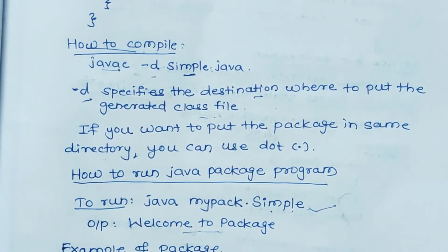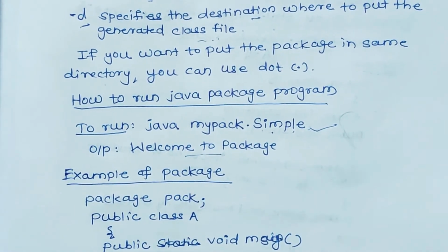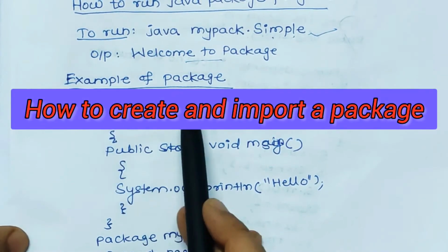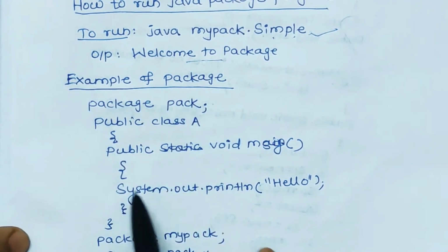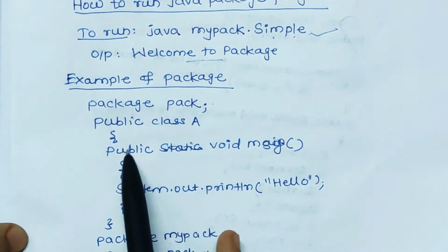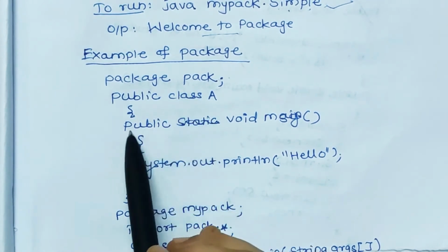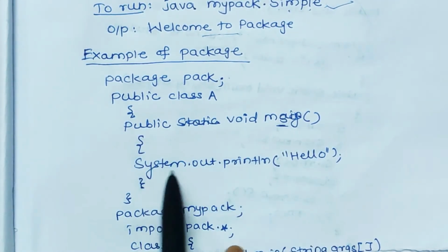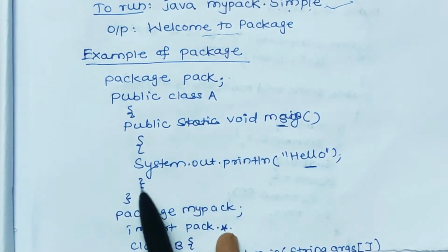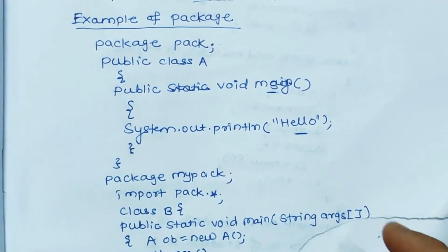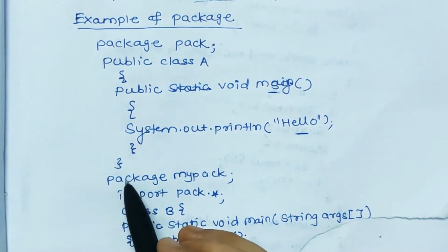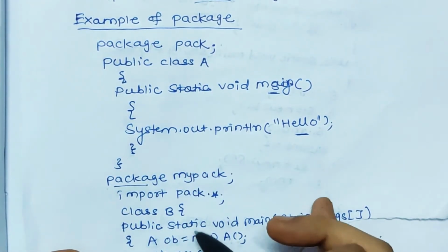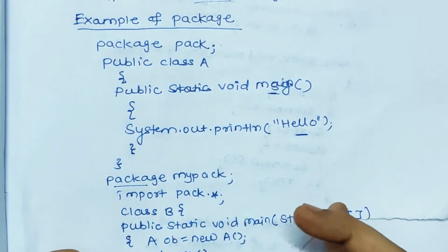Now we will discuss how to use this package. That is an example of a package. Here, package pack, I have created another package with the name pack. This is class A and this is a simple method, public void message, which displays the statement hello. Now I am creating another package, that is, I am using a package in another package.